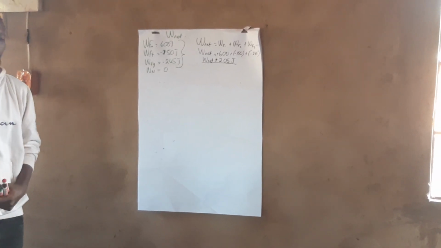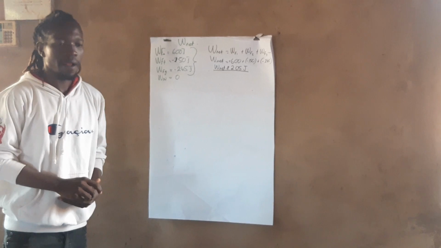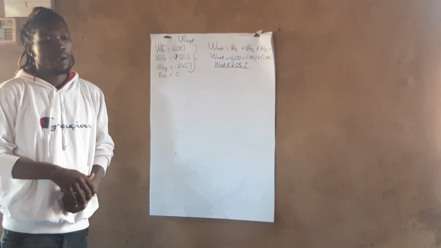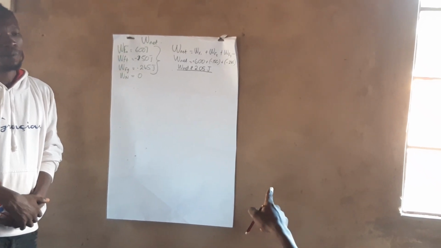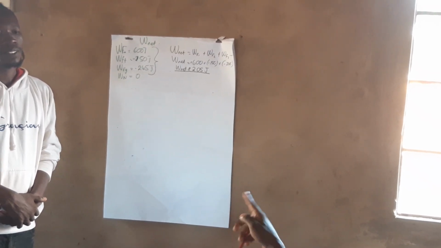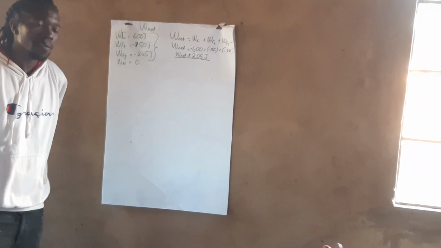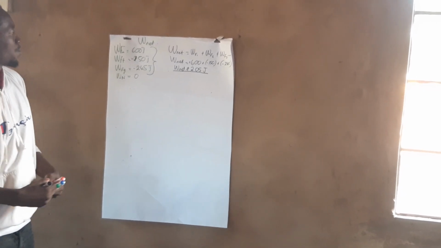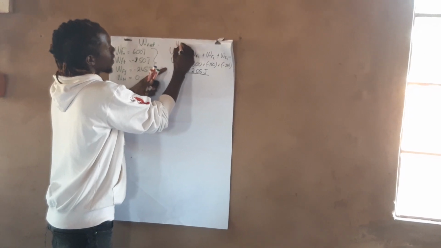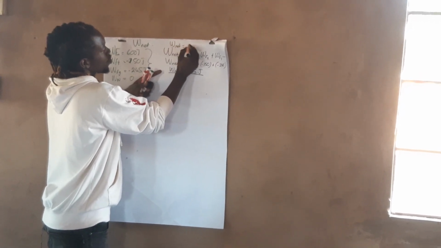You have to find the way. When I was about to finish, with the sigma, did they write it like that, like work net is equal to?